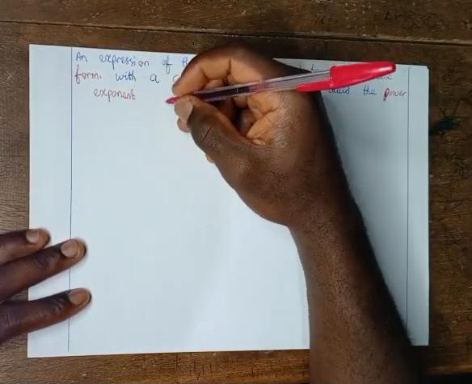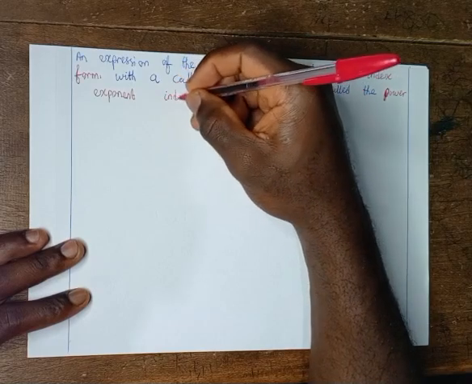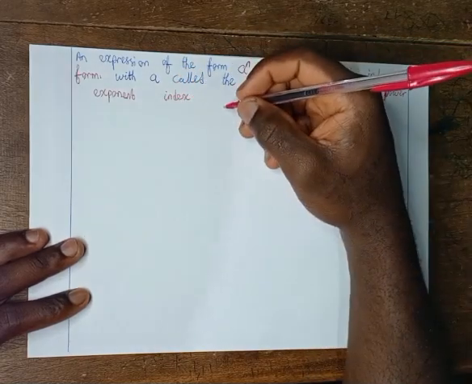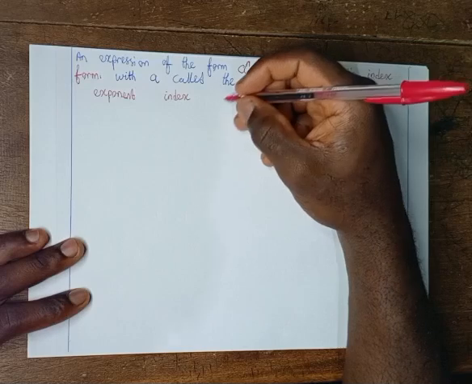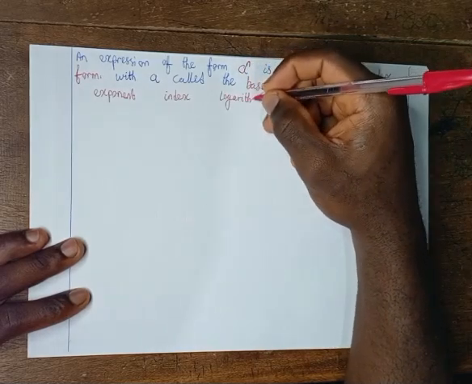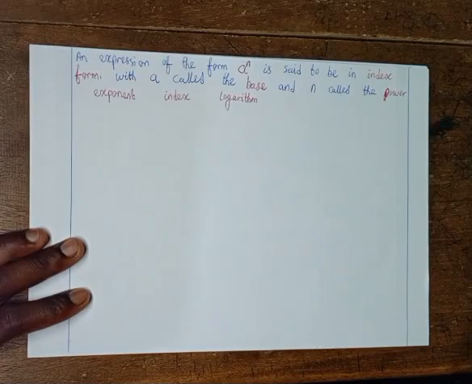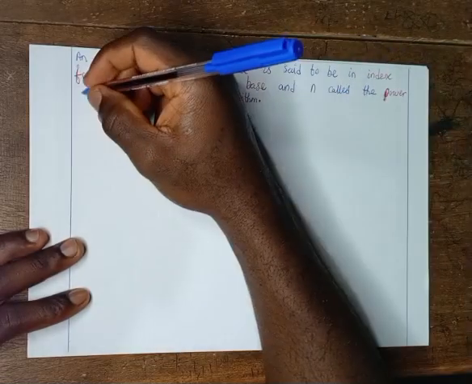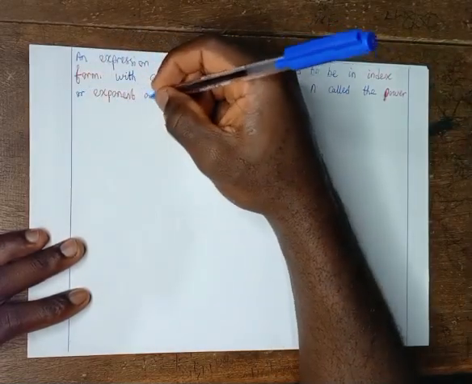Take note of these names. Or index. When you hear of indices, it is a plural form of index, or logarithm. These four names here, they are all referring to one person.